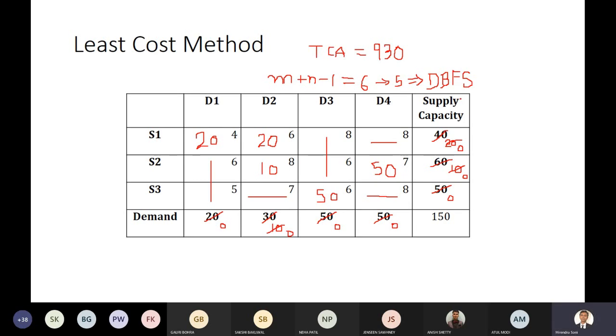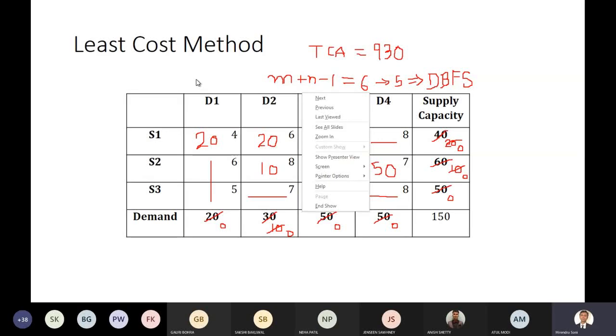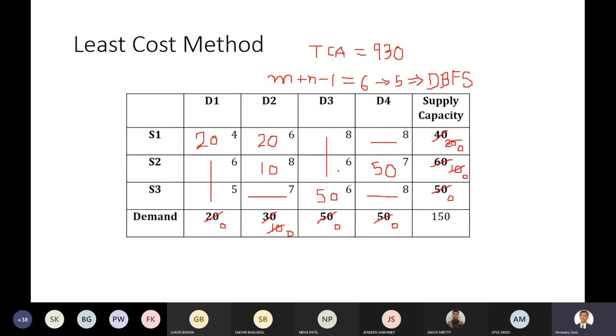Done up to this? Yes, sir. Okay, now let us look again at the drawback that we faced here. If I would have made an allocation here, the last allocation would have come here.